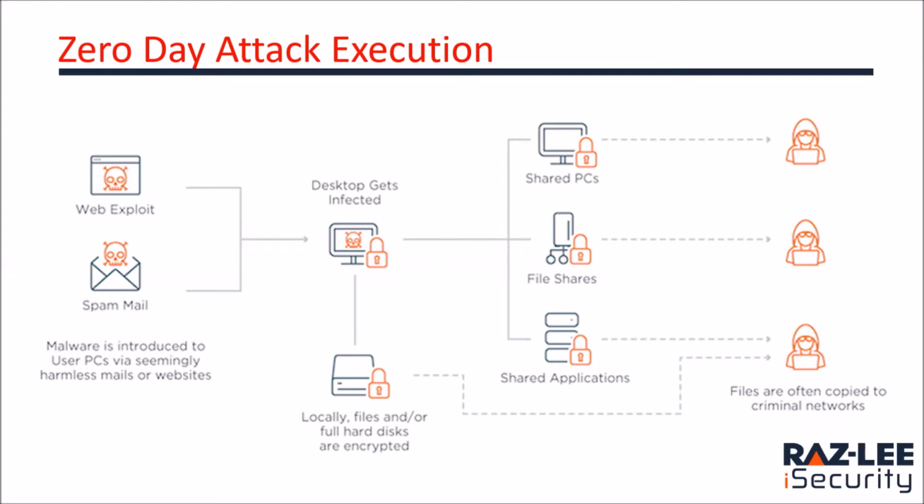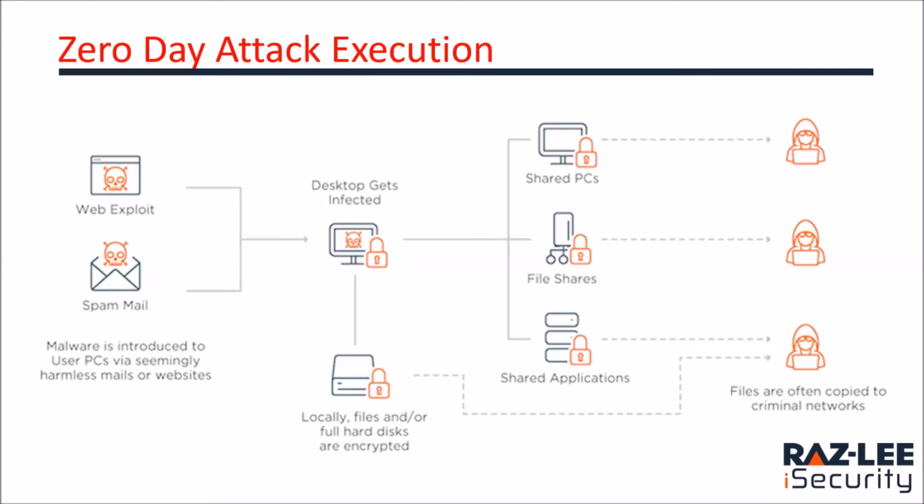Usually, when we talk about a zero-day attack by ransomware, the second step is to encrypt the local files and the full hard disk. But it can also infect the local drives and the disk, or steal information from the local drives.